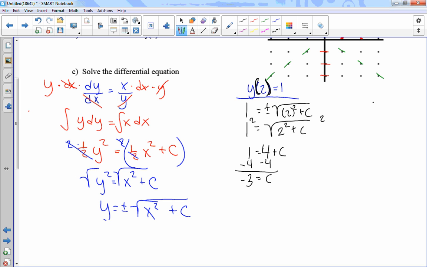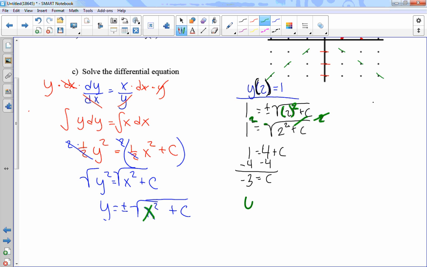It's 2 squared, x squared. And then you have to square both sides, which cancels out the square root. 4 plus c, so c is negative 3.